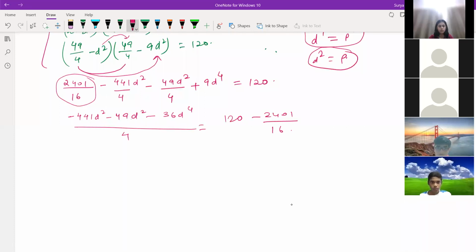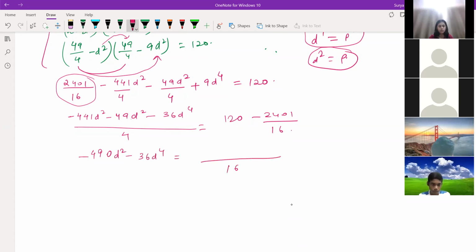Again, d square, you just combine both. So 441 and 49, what do you get? 490. 490 d square minus 36 d to the power 4 is equal to, solve this one.